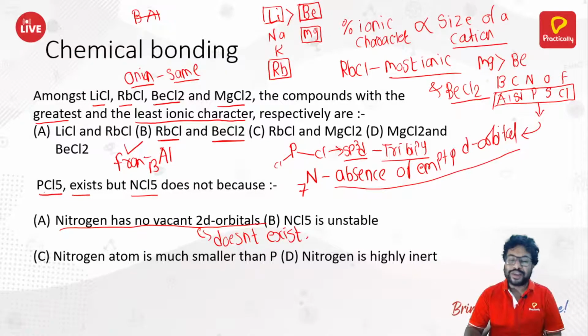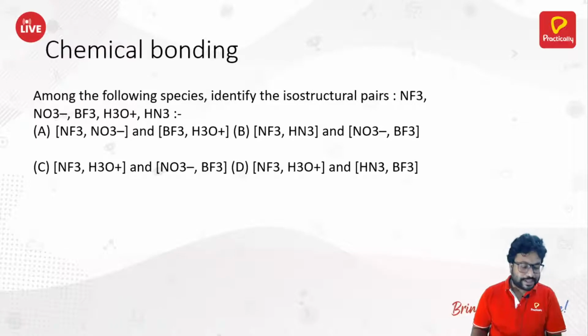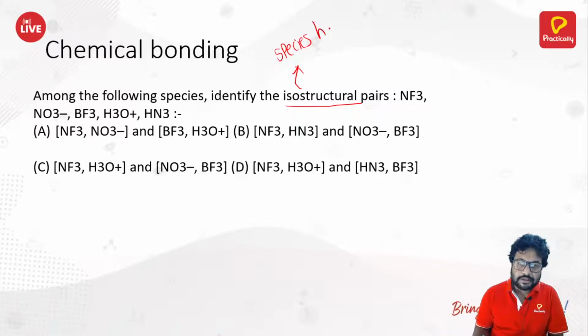Moving ahead. Now, among the following species, the isostructural pairs. What is meant by isostructural? Isostructural means species having the same structure.